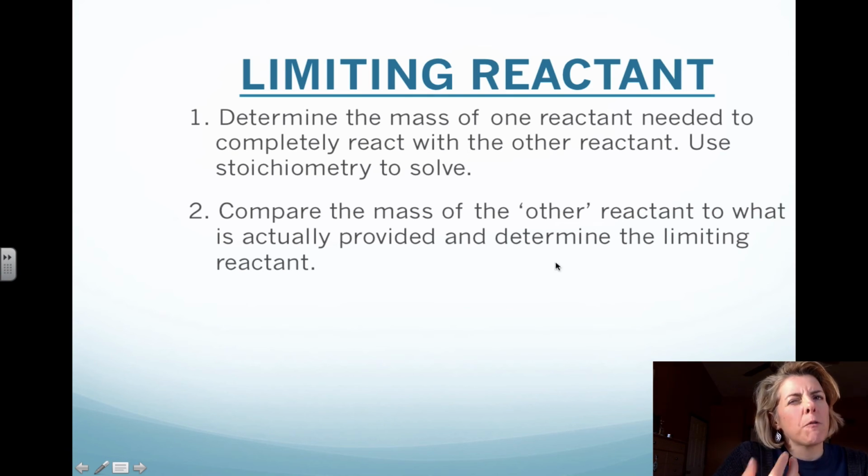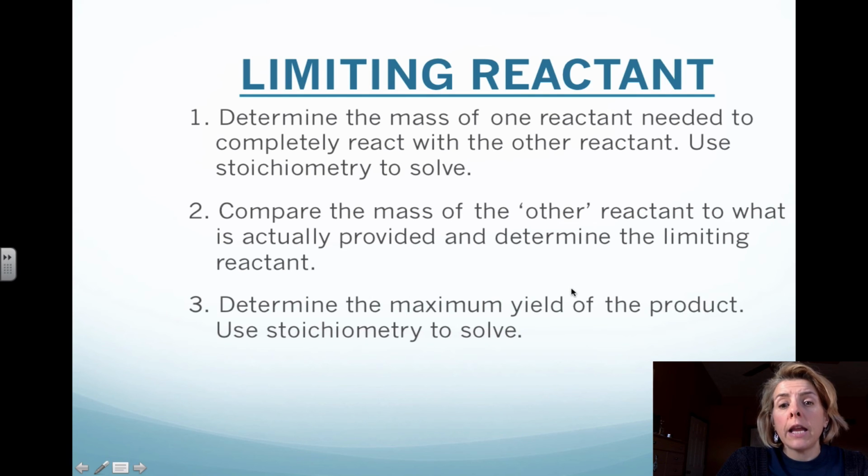And these are just theoretical amounts. We're looking at which one theoretically will give us the smaller product. And you can then determine the maximum yield. So the limiting reactant is going to tell you how much product you could get theoretically if you were able to convert it all to product.